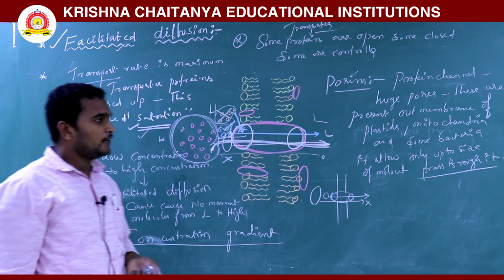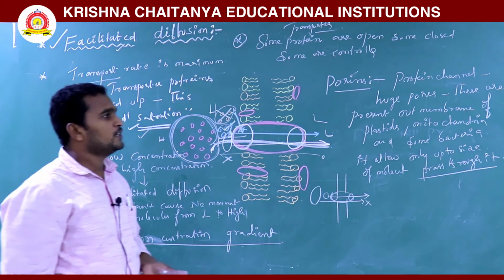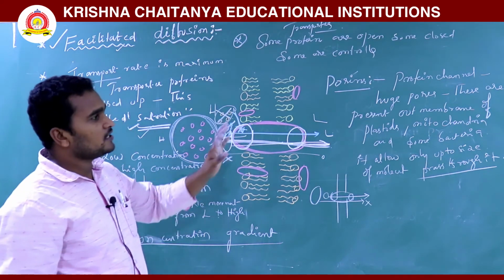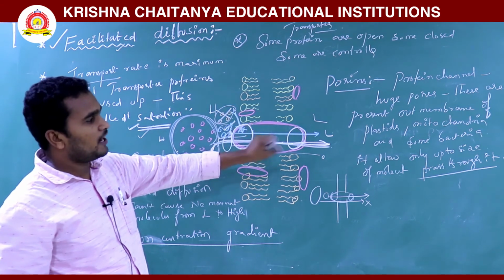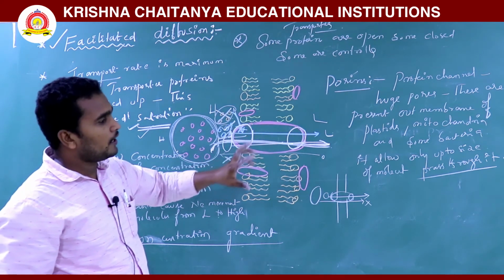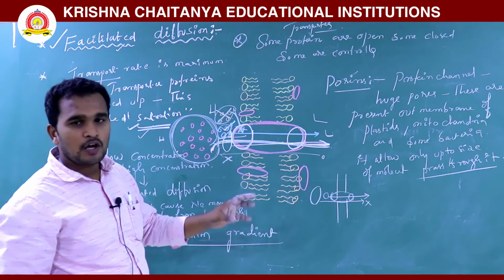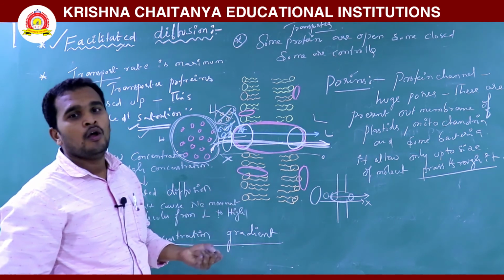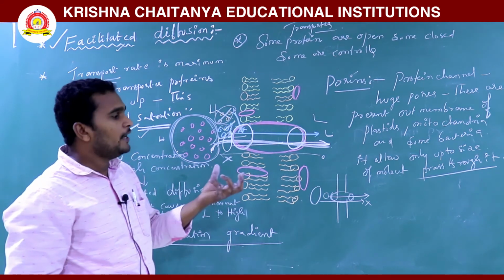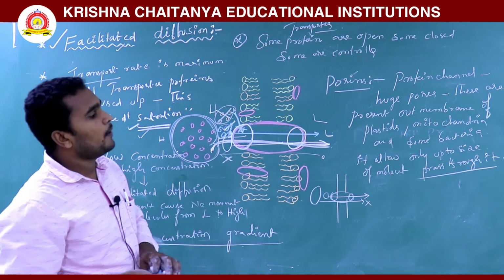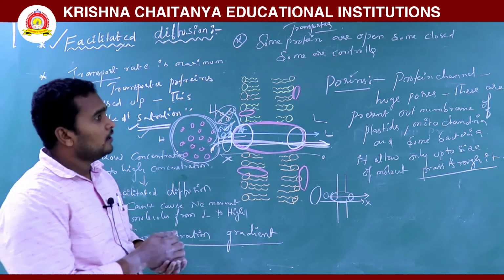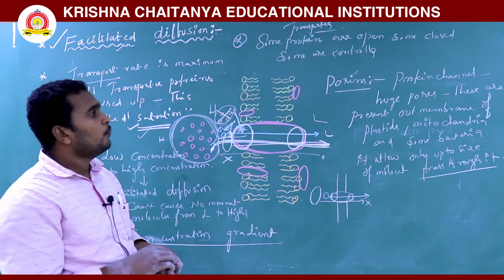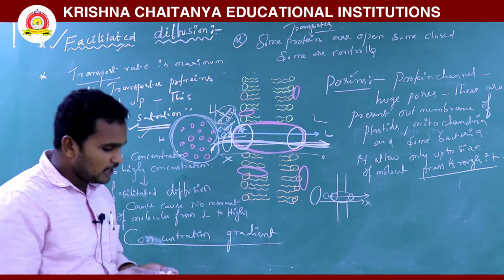Porins are nothing but protein channels with huge pores. These are present in the outer membrane of plastids, mitochondria and some bacteria. It allows up to the size of proteins to pass through it. This is called porins.